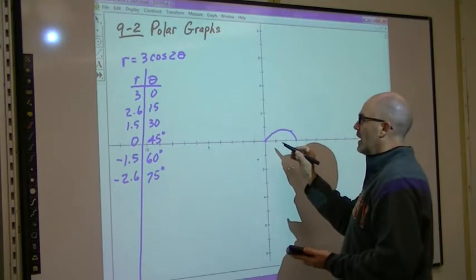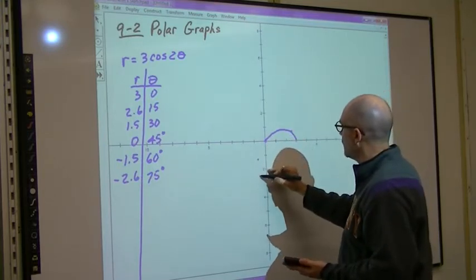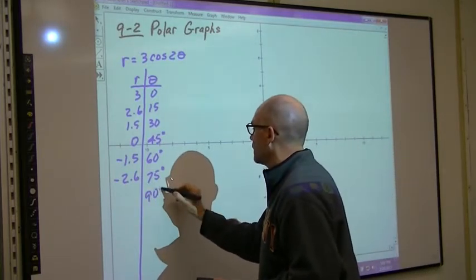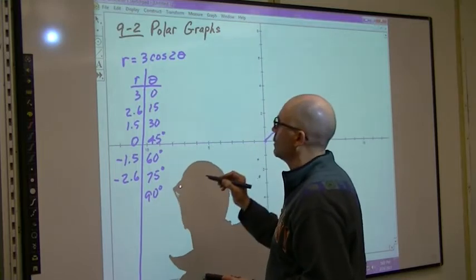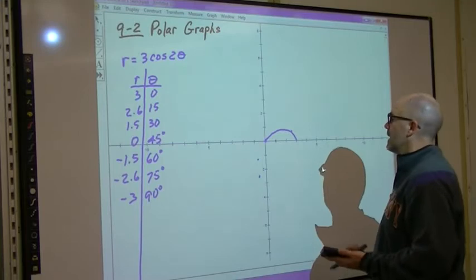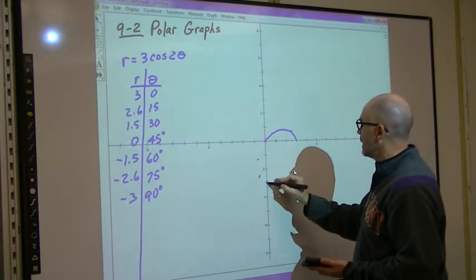And so negative 2.6 at 75 degrees is 2.6. Bam. Then we go 90 degrees. Well, 2 times 90 is 180. Cosine of 180 is negative 1. 3 times negative 1 is negative 3. So at 90 degrees, we're at negative 3.